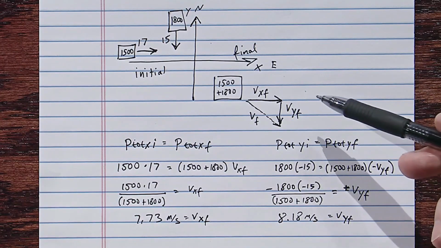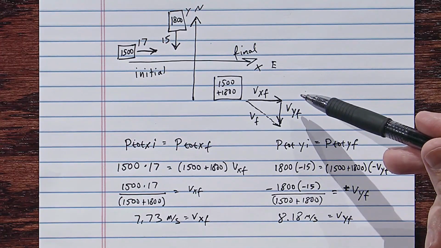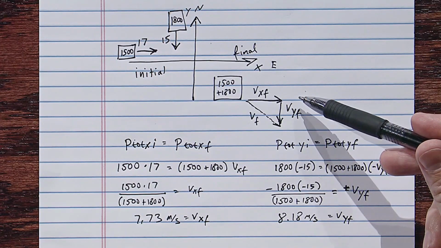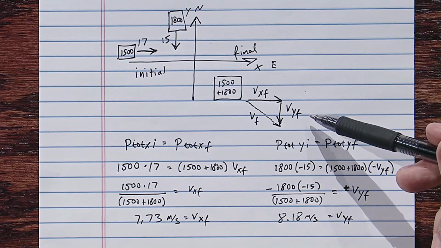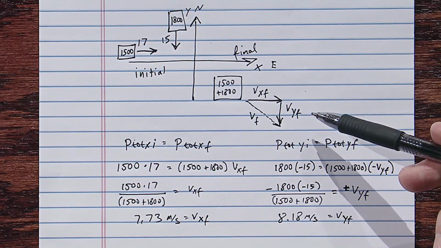So after the collision, the object is moving 7.73 meters per second in the x direction and 8.18 meters per second in the negative y direction.